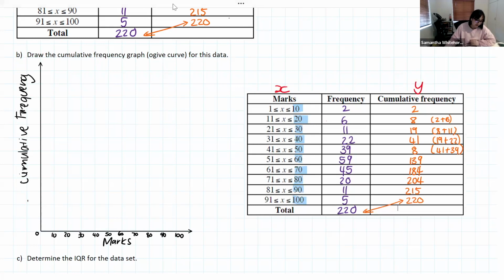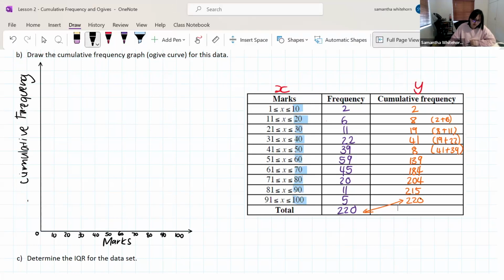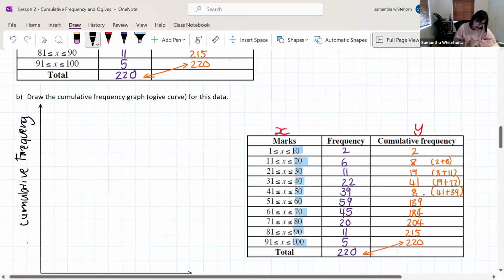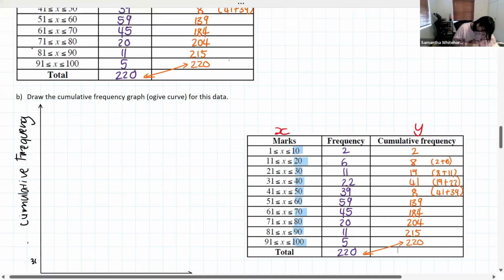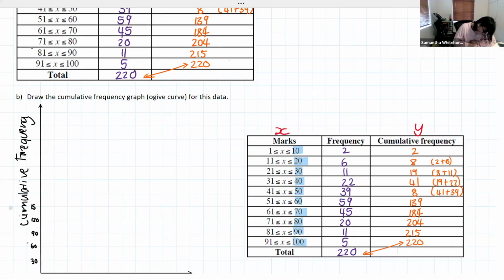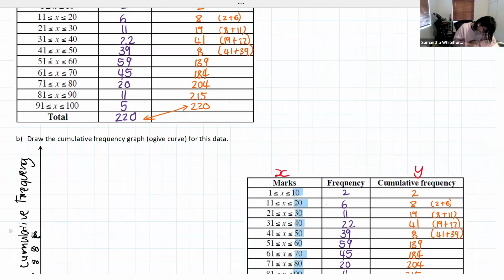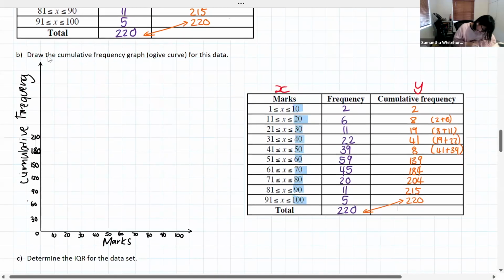In terms of Y, obviously a little trickier. I know I have to get up to 220 bare minimum. I think I went up in 30s. Can I not count? That's entirely possible.